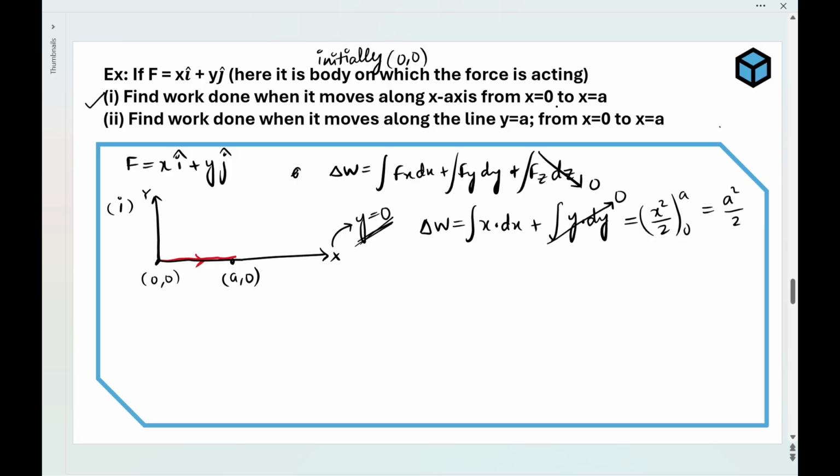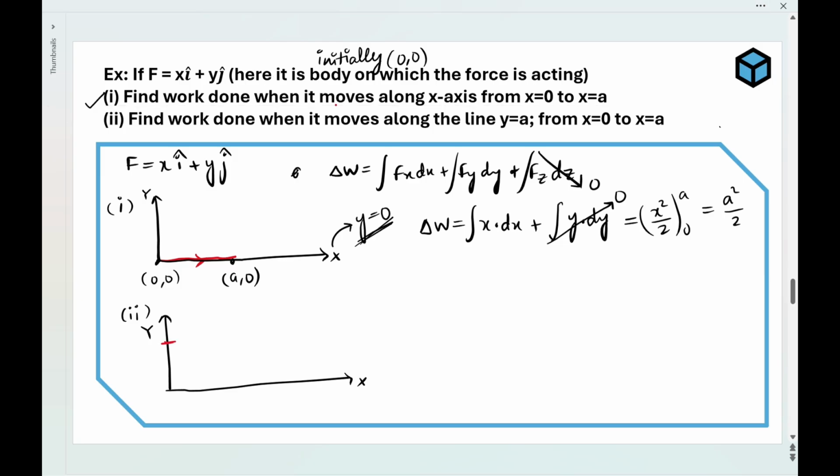Okay, so now let's go to the second one. Find the work done when it moves along the line y equal to a. So now we will draw our axis again. This is the x-axis, this is the y-axis. Now you are moving along the line y equal to a.